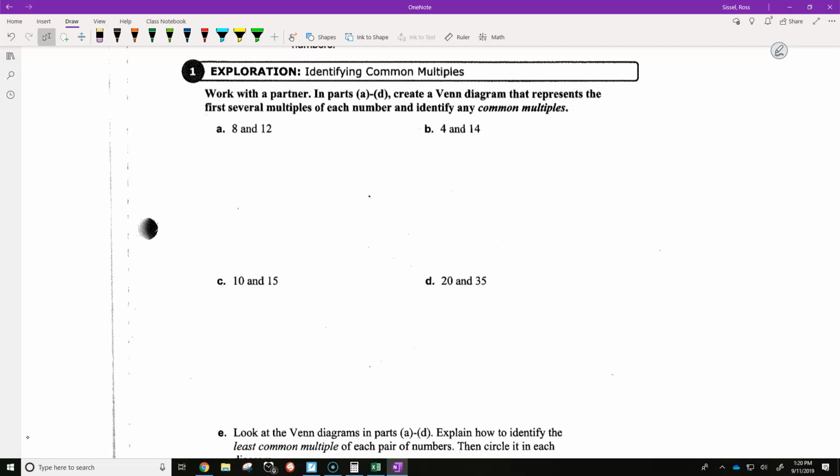Everett, what's a multiple? Something that you multiply, one of the numbers in a multiplication problem. No, that's called a factor.